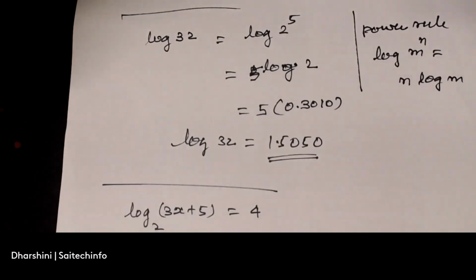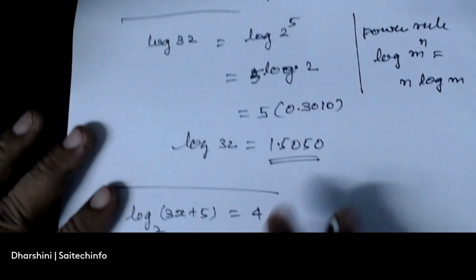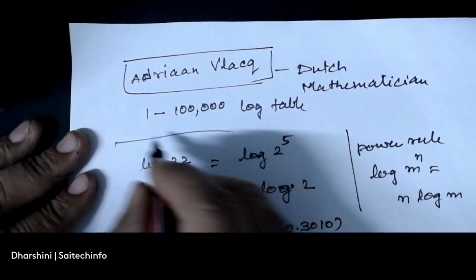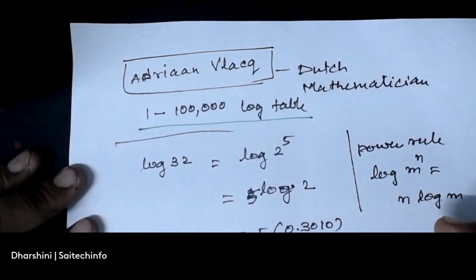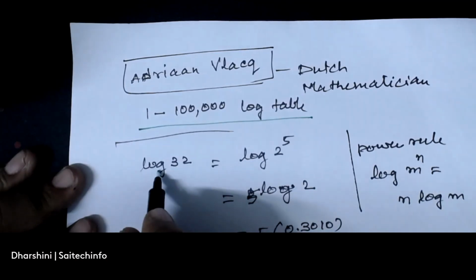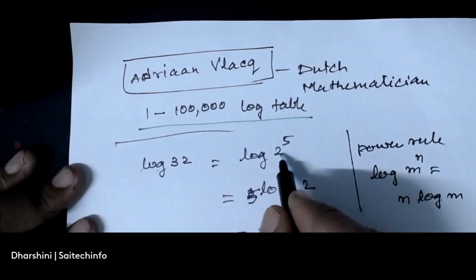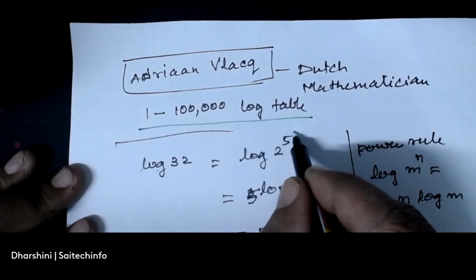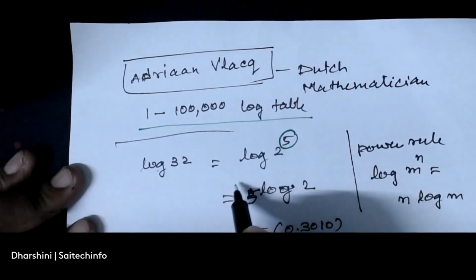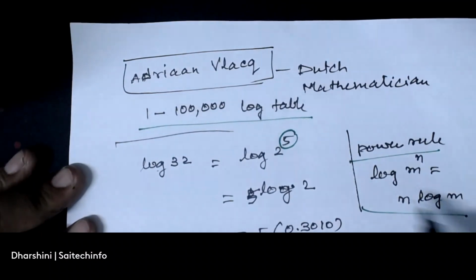In fact, Adriaan Vlacq was a Dutch mathematician. He published a table with almost 100,000 numbers as a log table. Now, log 32 is equal to log 2 power 5. So log 2 power 5 means this 5 can be brought down by adopting the power rule: log m power n is equal to n into log m. This n becomes the coefficient of the logarithmic term.